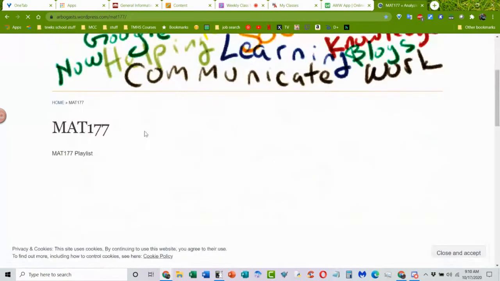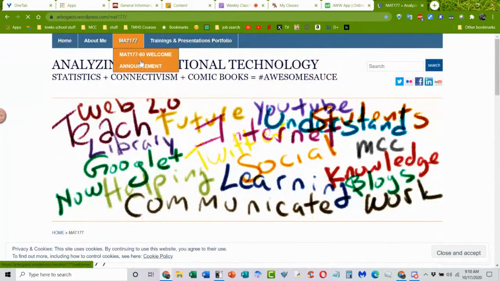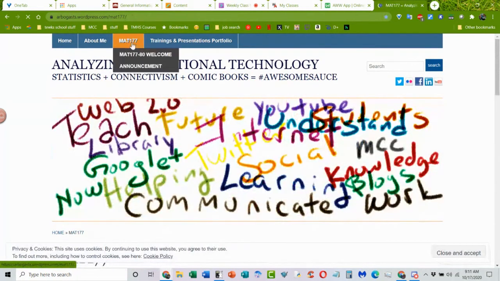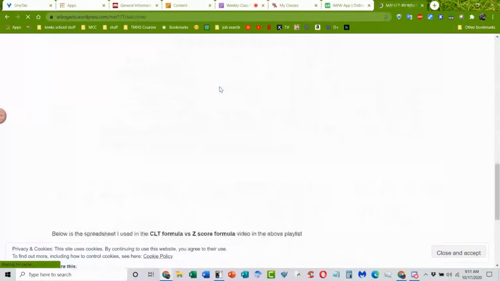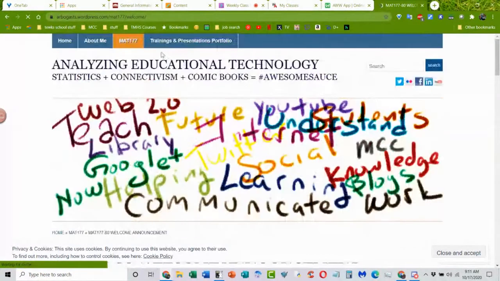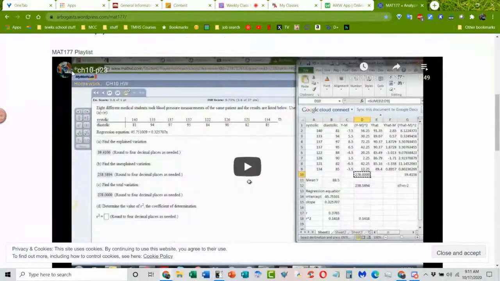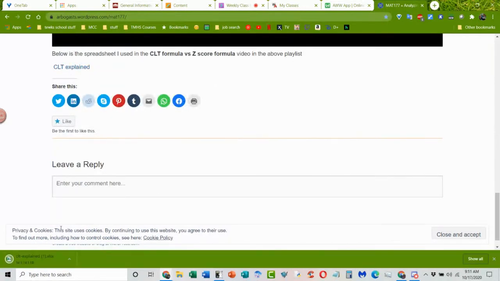So here, where did that thing go? Must be in this page. There it is. I always have to download this thing. I should just make a video of it. That way I don't have to download it ever again.